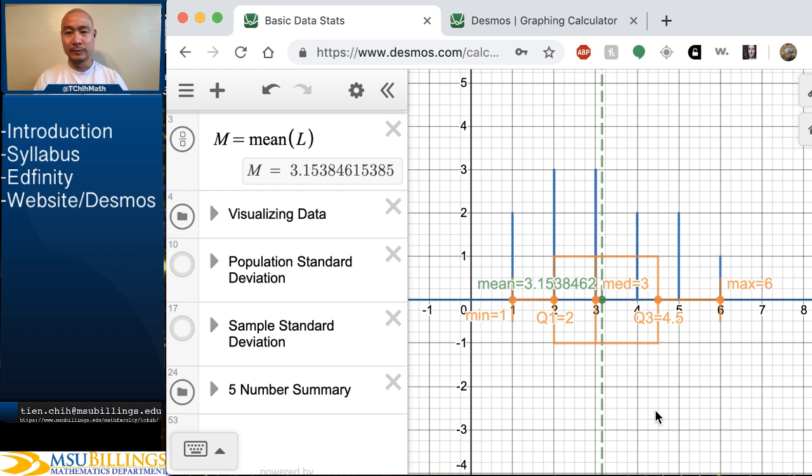And so this is another way of measuring centrality. Our center here would be median 3, and the corresponding concept rather than standard deviation is IQR, which is the difference between the first and third quartiles. So this length here between 2 and 4.5 is the IQR, and so that would be 2.5.